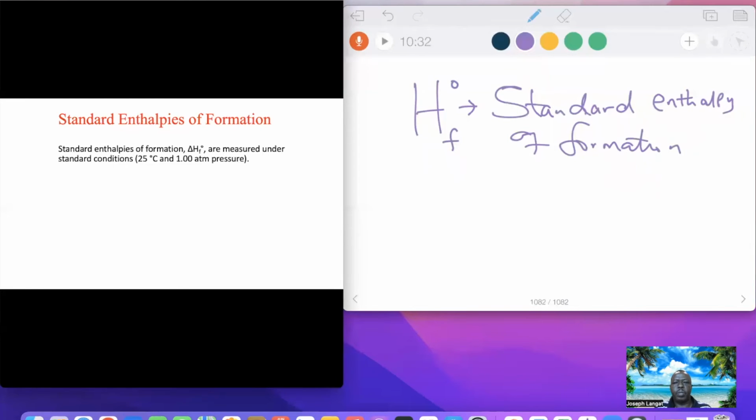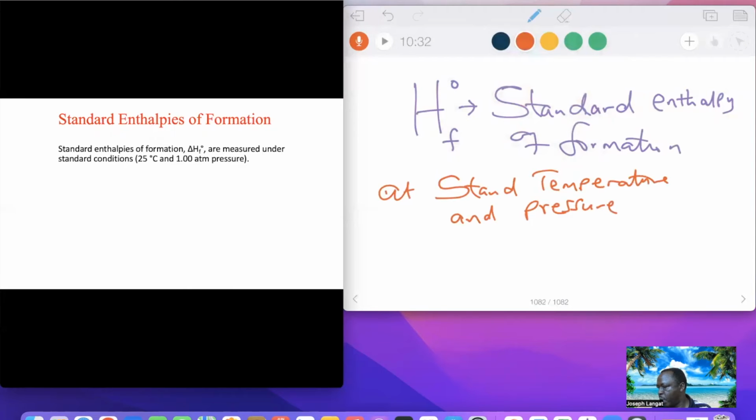And when we talk about standard, that means there should be some set of conditions, at standard temperature and pressure, we call STP. There are some conditions you need to remember.